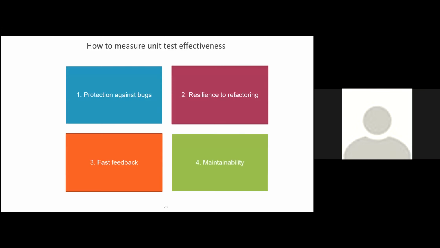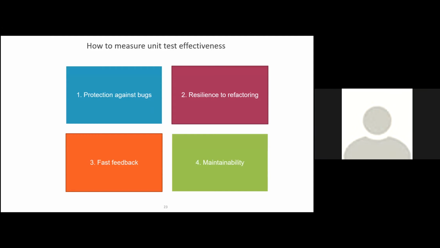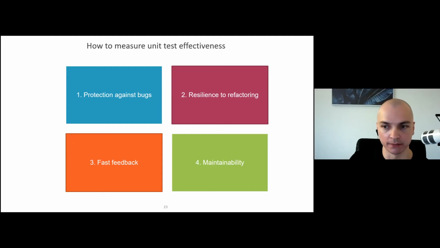So here are the 4 components again. And in my experience, a lot of problems with unit tests in a lot of projects stem from this tendency of developers, of people, to not pay proper attention to this second metric, resilience to refactoring.